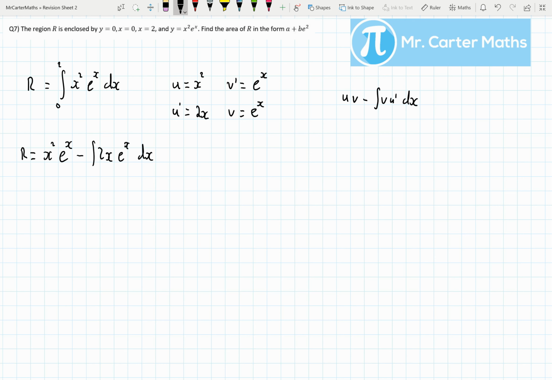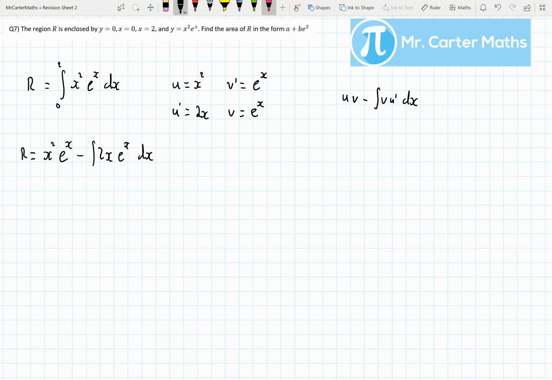Okay, so the whole point in integration by parts is hopefully your new integral is easier to integrate than what you had previously. In this case, it kind of is. We've gone from having an x squared to just an x term, so that feels a bit simpler. We do, however, still have two terms being multiplied together, so this question is actually repeated integration by parts.